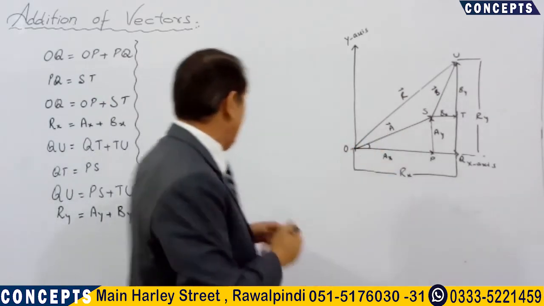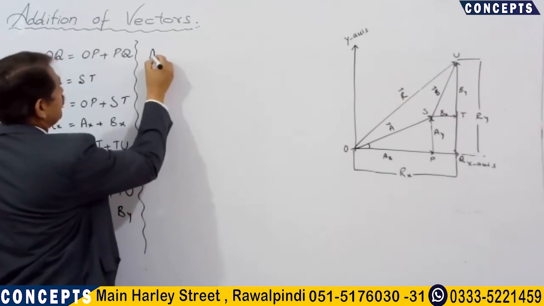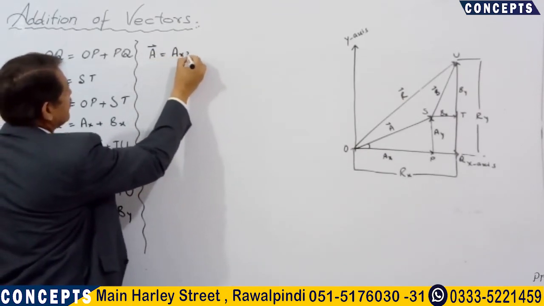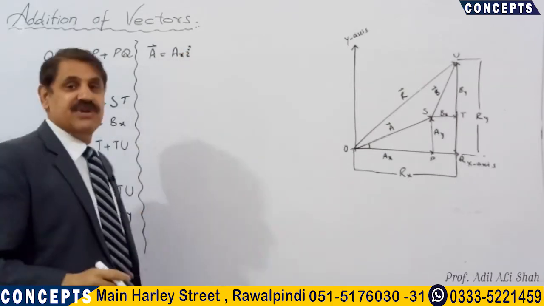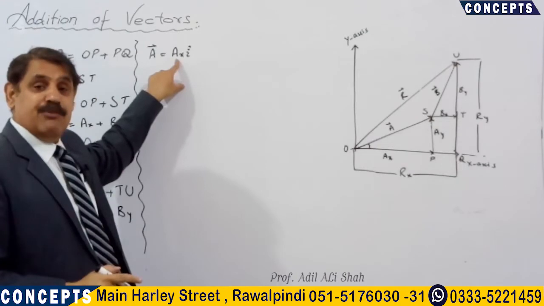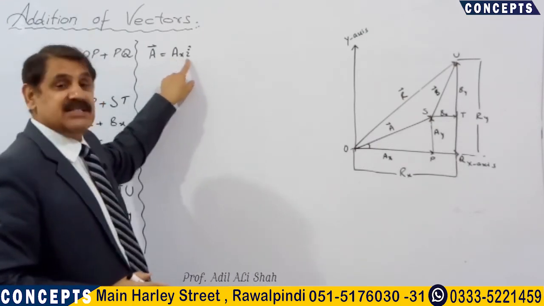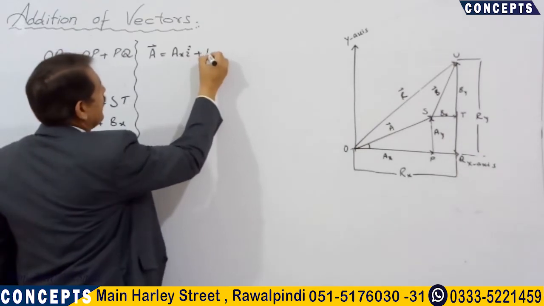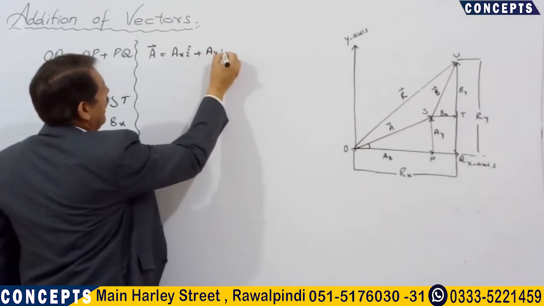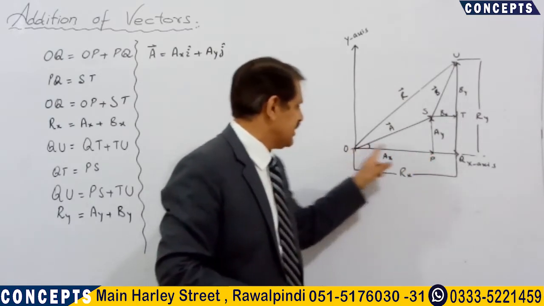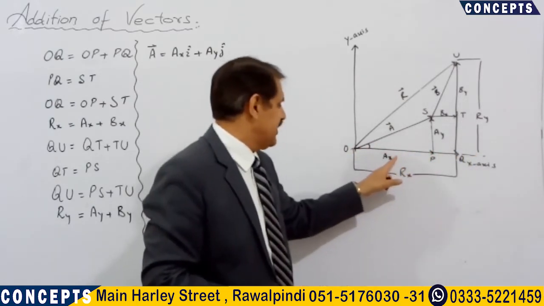Now this is vector A. We can write it as Ax i, where i is its unit vector, which shows that this is the magnitude of the x component and i shows that its direction is along the x-axis, plus Ay j. Ax i is along the x-axis, so its unit vector is i.